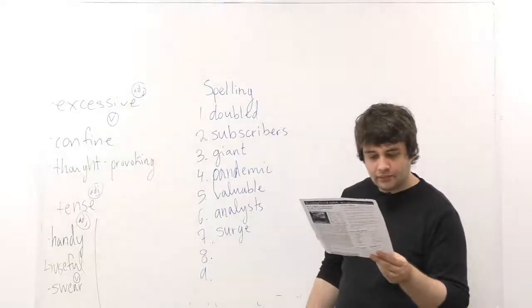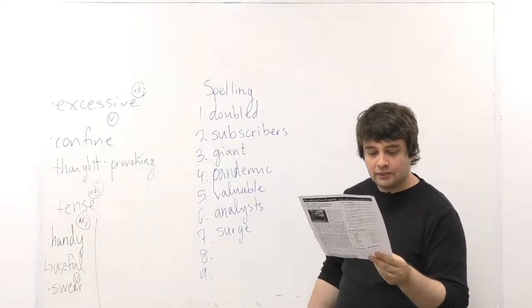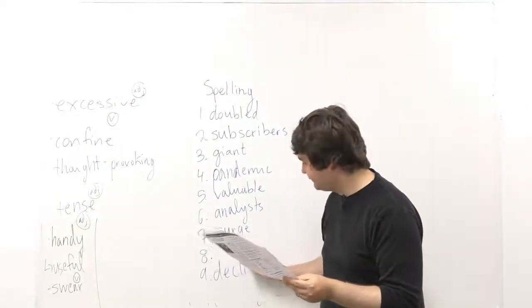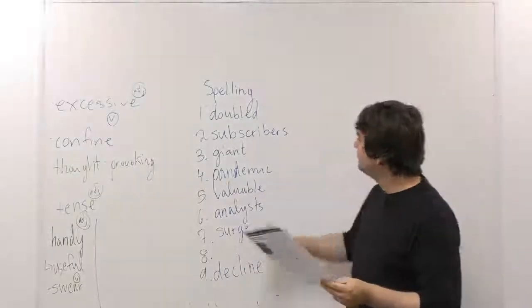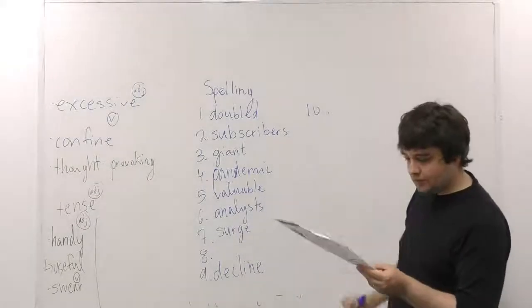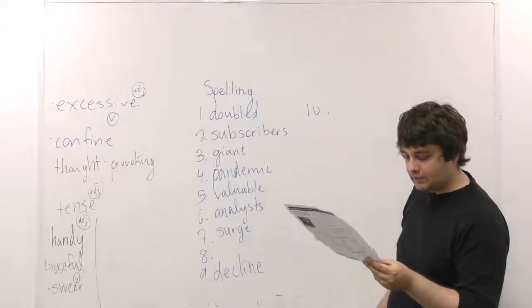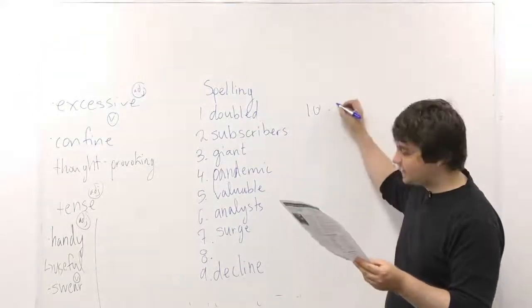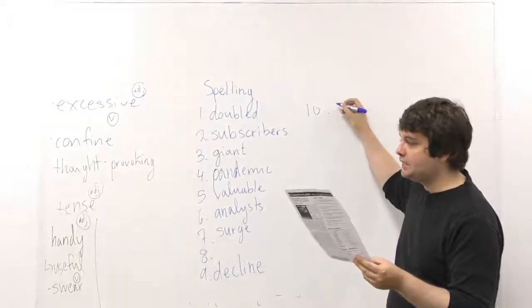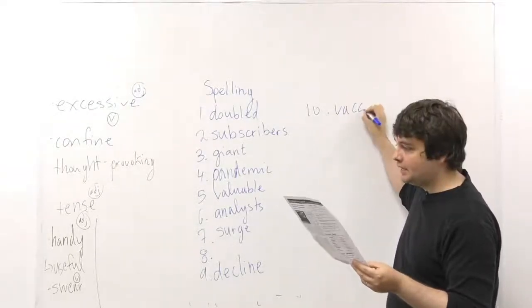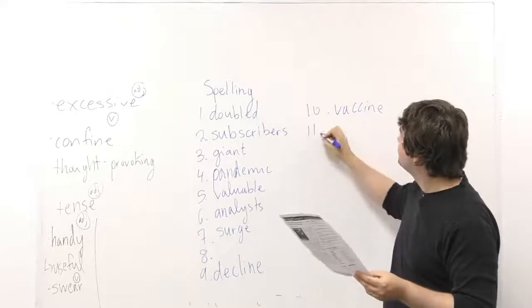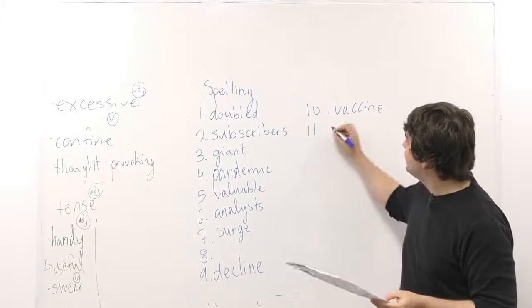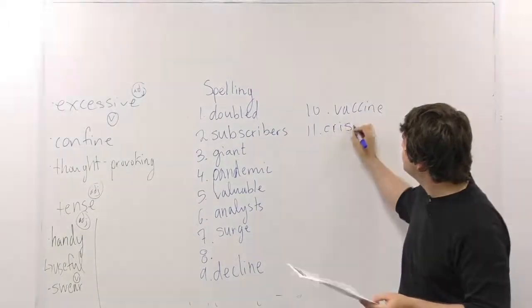But number 9, we expect viewing to decline. Decrease. Okay, we'll continue with 10, 11, and 12. Treatment or vaccine. Of course, they're talking about a vaccine, right? Vaccine is the answer for number 10. Number 11, when this terrible something will end. That one is pretty easy for me. It is crisis.